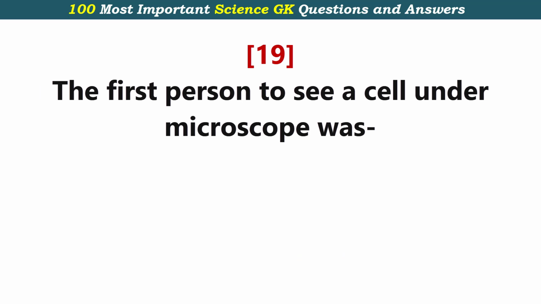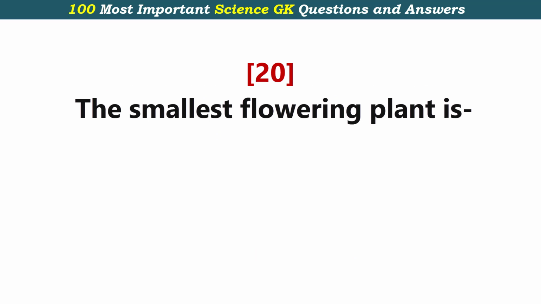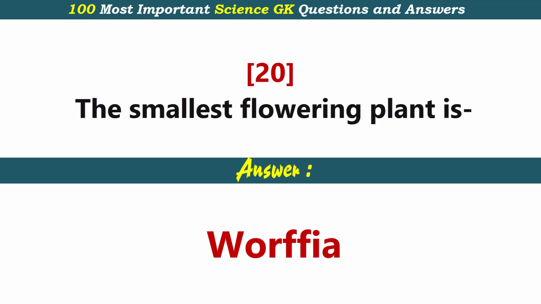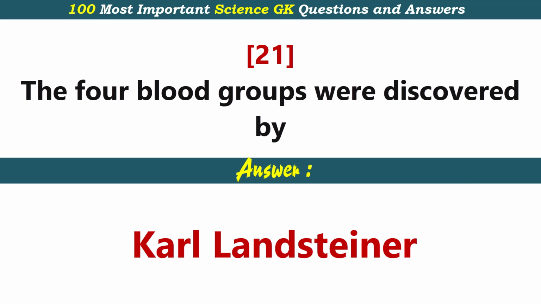The first person to see a cell under microscope was? Answer: Robert Hooke. The smallest flowering plant is? Answer: Wolffia. The four blood groups were discovered by? Answer: Karl Landsteiner.